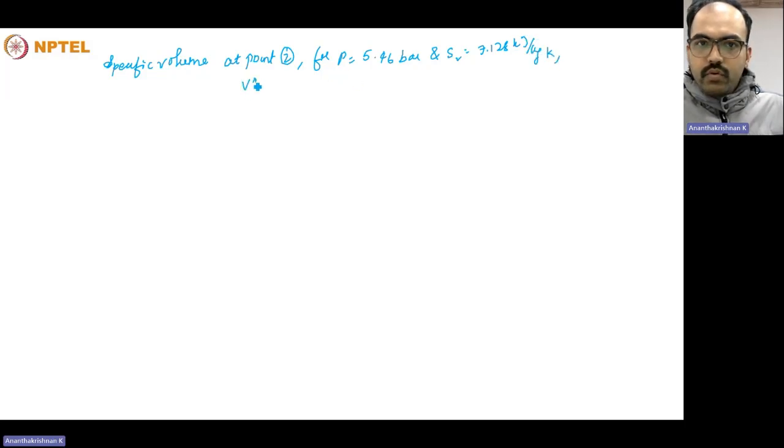We know V star is equal to V2S, which from the steam table is 0.416 meter cube per kilogram.